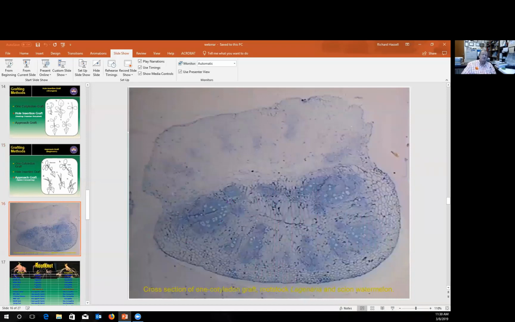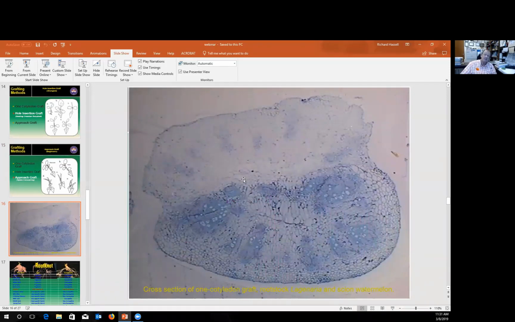Now let's talk a minute about what you're doing when you're grafting. You're basically taking your scion material and putting it up against a rootstock material after you've made your cut, and you're trying to match up what they call vascular bundles.